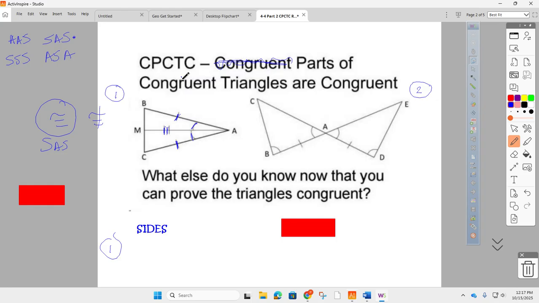There's one side of each triangle that we didn't mark congruent. Okay, so this side and this side are congruent. Where's the other side of each triangle? 1 side, 2 sides, 3 sides. So what's the side?